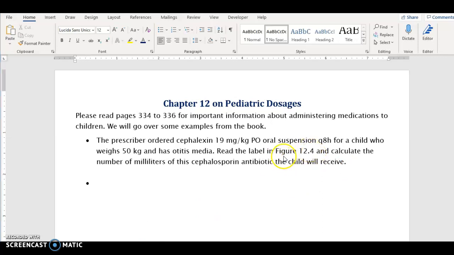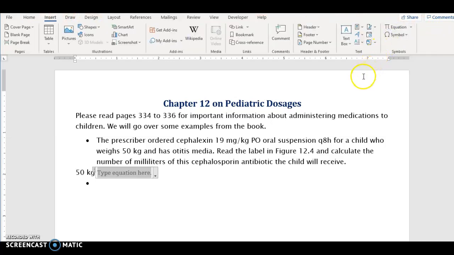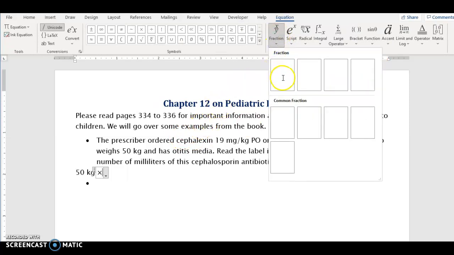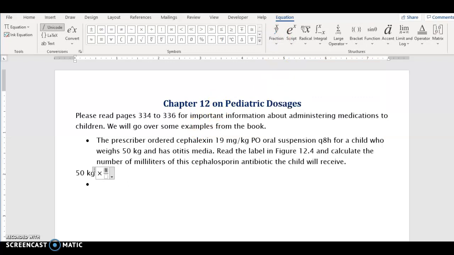Okay, so before we look at the figure in the book, we're going to go ahead and take the patient's weight in kilograms, and multiply by the 19 milligrams per kilogram.